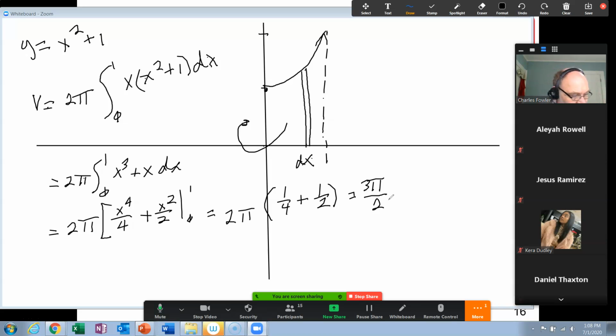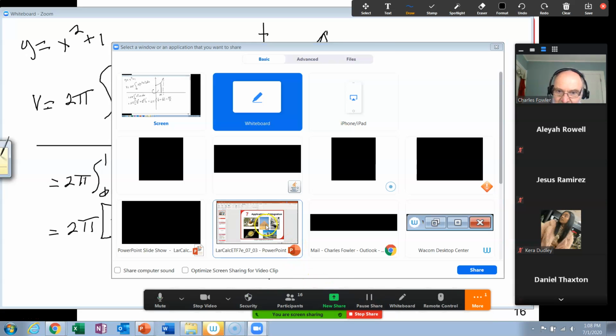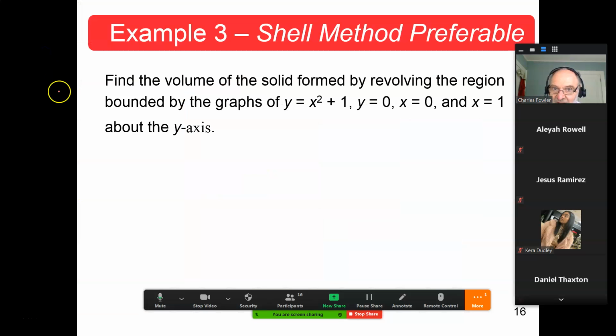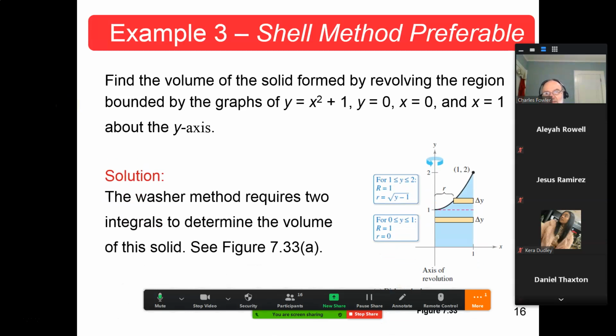Okay, there was example 3. Any questions on it? What I was going to do then is go to 7.3. We'll go to present slide, and here's example 3 that we just did. So the solution, they said the washer method requires 2 integrals.